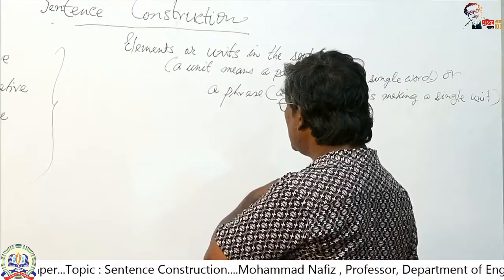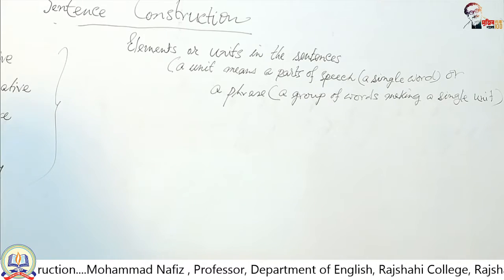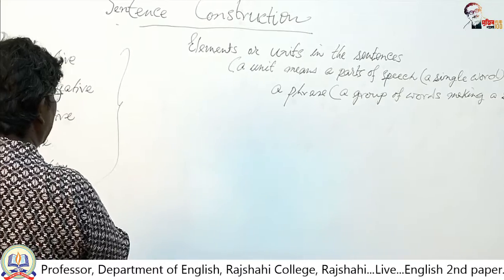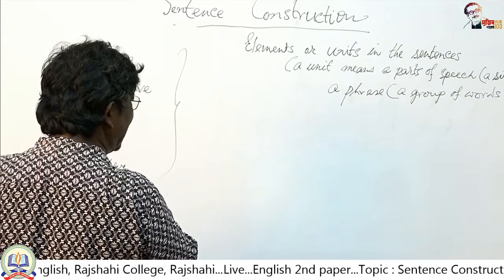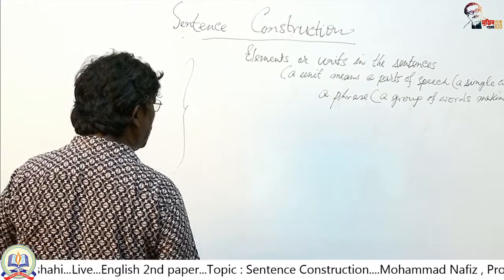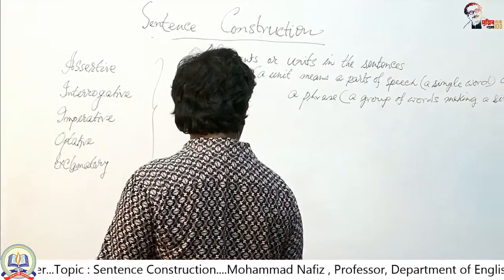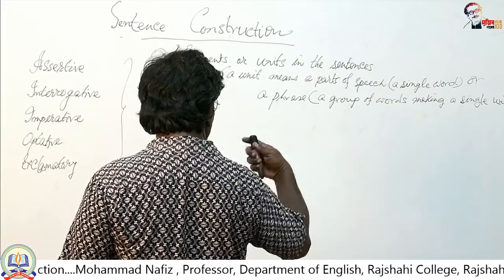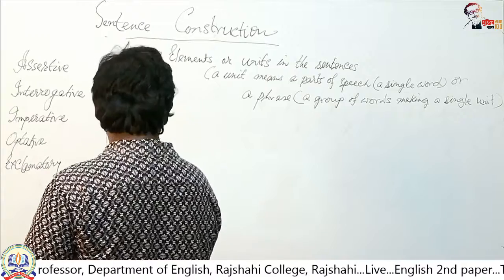In English sentences we have different units or elements, or we call the elements used in English sentences the units in the sentences. A unit sometimes means a part of speech when it is in a single word, or a phrase, that is, a group of words making a single unit.